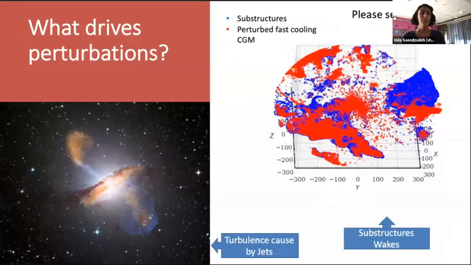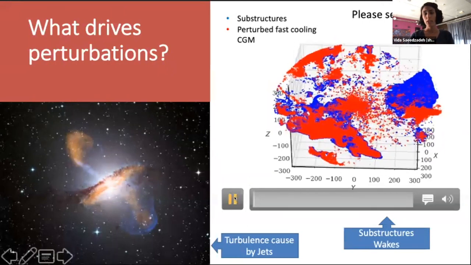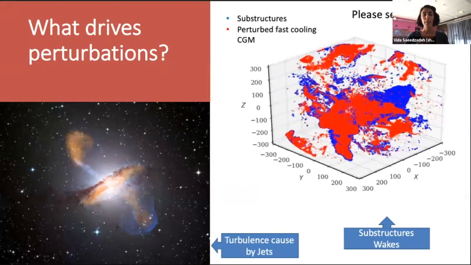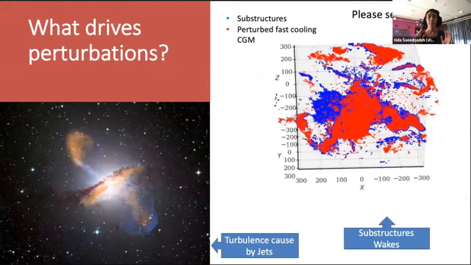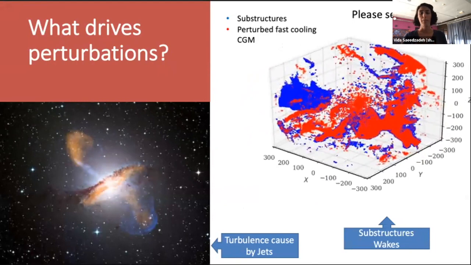So the next natural question that comes to mind is, what drives these perturbations? The results of studying idealized simulations show that the turbulence caused by jets is the main source of these perturbations.